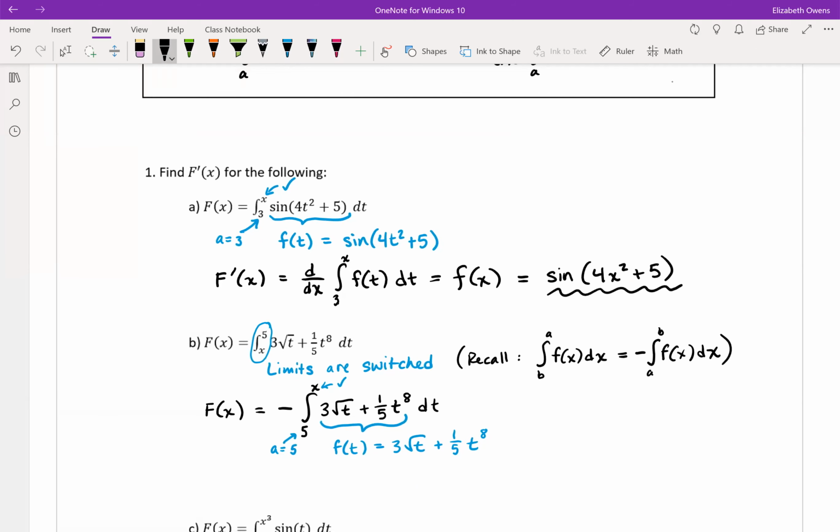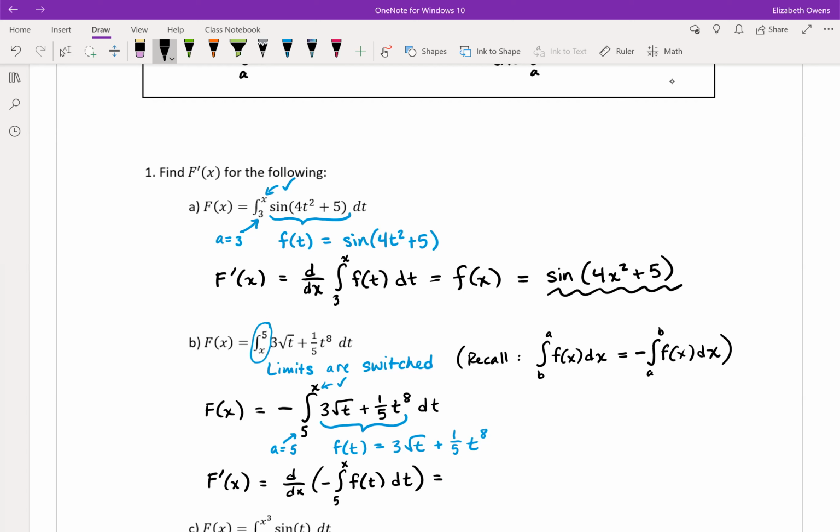Okay, so if we would like to take the derivative of this function, F prime of x, take d dx of that whole business right there, negative integral, stick our function in there. I'm just going to write f of t for short right now. f of t dt, there we go.